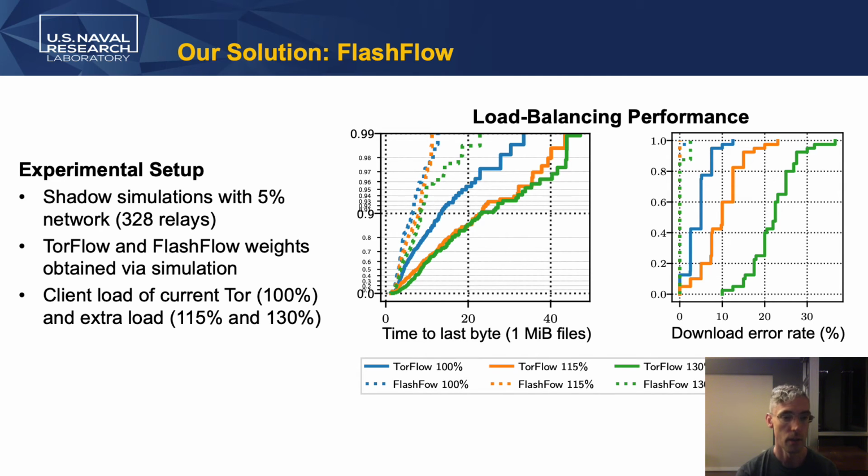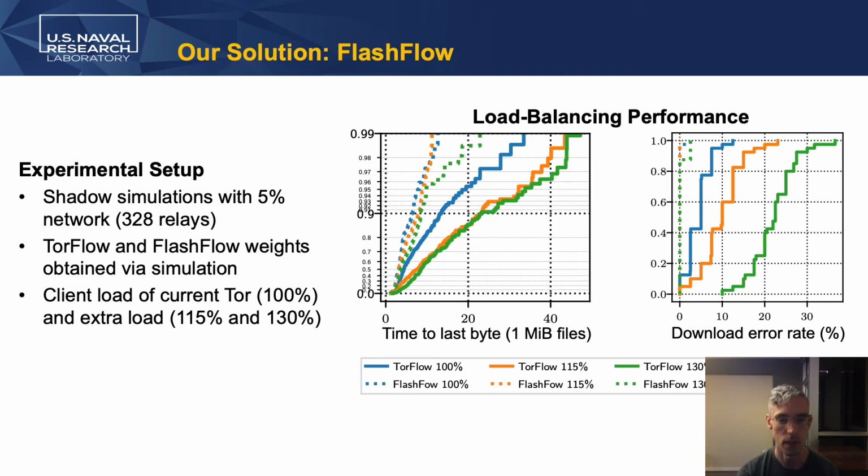We ran a set of shadow experiments using TorFlow weights, where those weights were themselves determined in shadow, and a set of shadow experiments using FlashFlow weights. Again, those FlashFlow weights were themselves determined within a shadow simulation. Our shadow simulations were of a network that is 5% of the current Tor network, scaling everything down to that size, including client load. That client load was considered at current Tor levels and also extra load levels of 15% or an additional 30%.